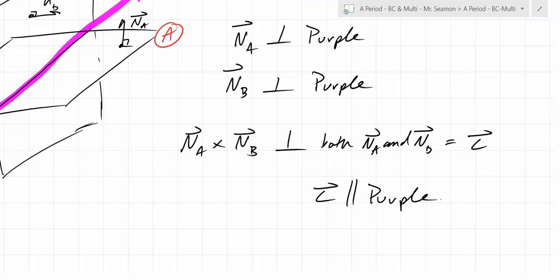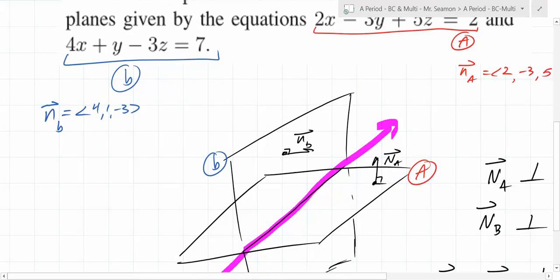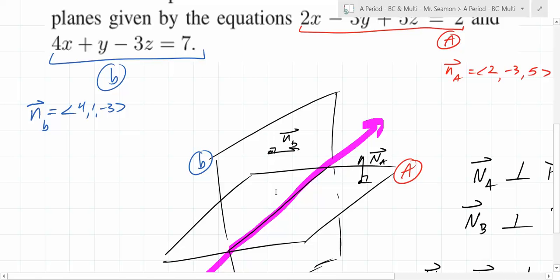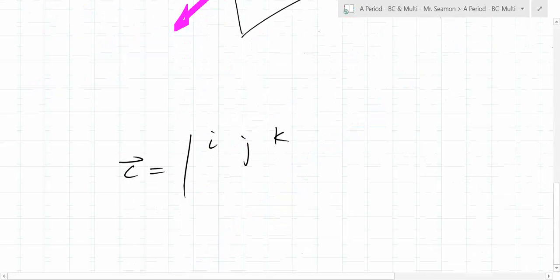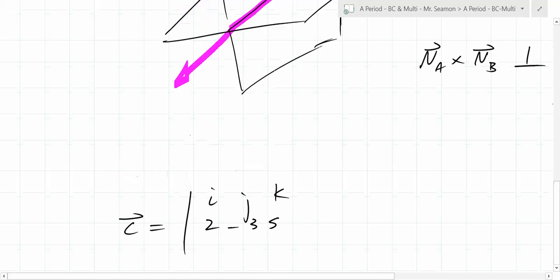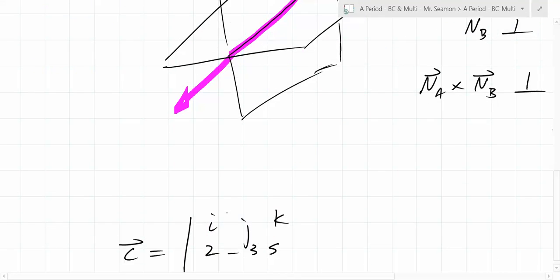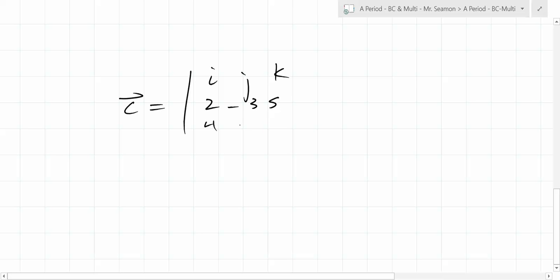So all this is asking you to do is find the cross product of NA and NB. That's it. So how do you do that? Just to recap, our C is going to be, remember, I, J, K, and what do we have here? 2, -3, 5. And what's the other one? 4, 1, -3. You have to be able to do the cross product here.